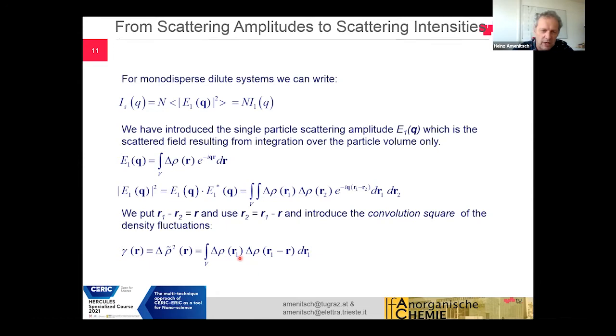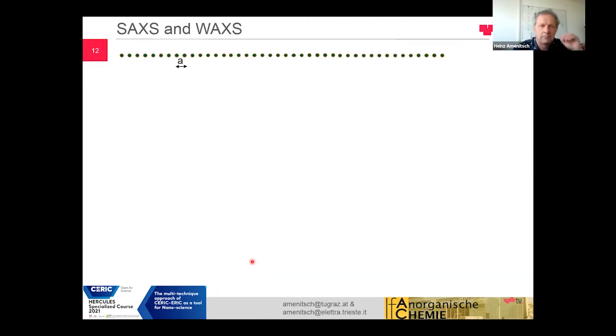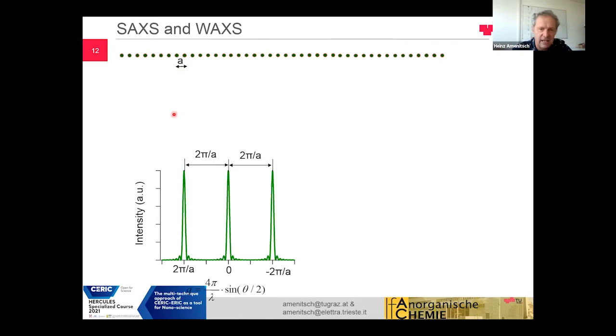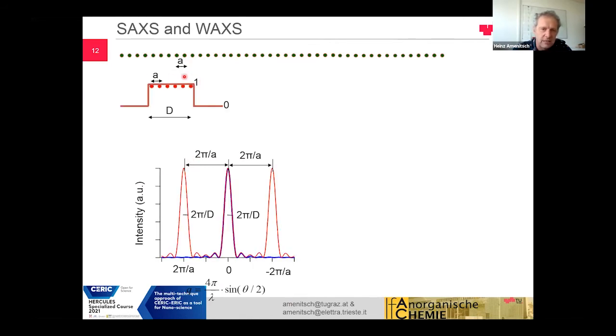We will talk quite a lot about this term, giving you some glimpse now about the correlation between small angle scattering and wide angle scattering. If you take an infinite lattice of atoms with distance scaled by A, and you calculate the intensity, you get some Bragg peaks spaced with 2 pi over A. So here it's intensity versus Q. And now what is important, if you limit the dimension of the lattice, you get immediately a broadening of these reflections.